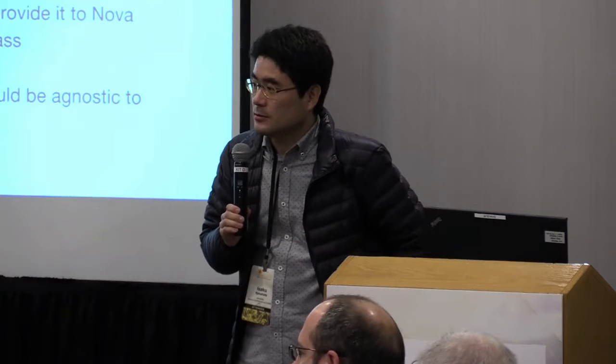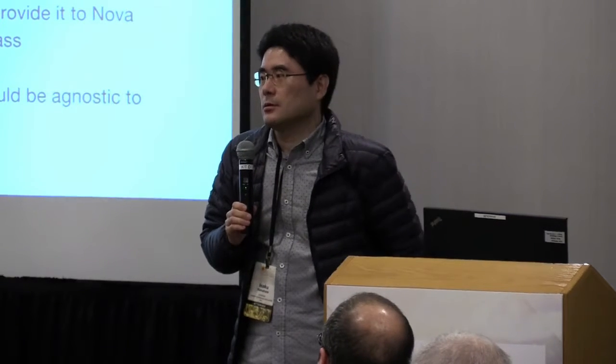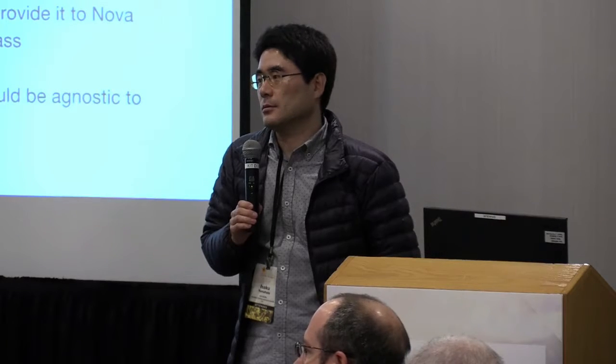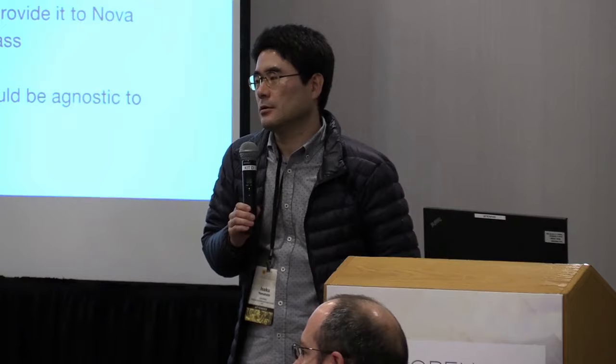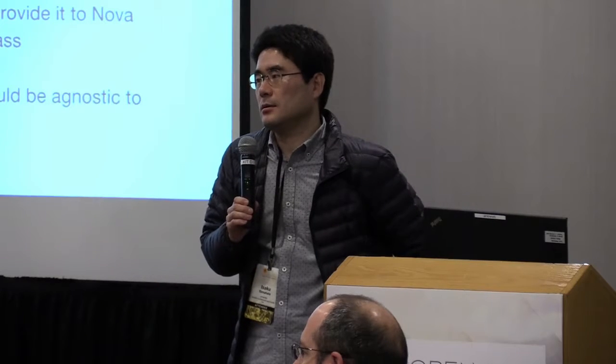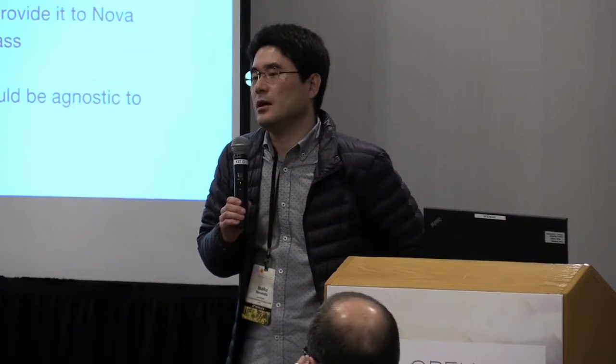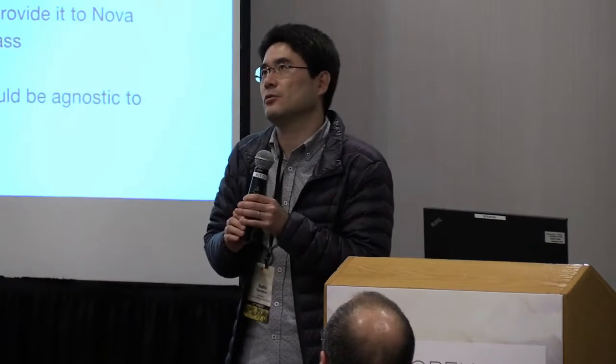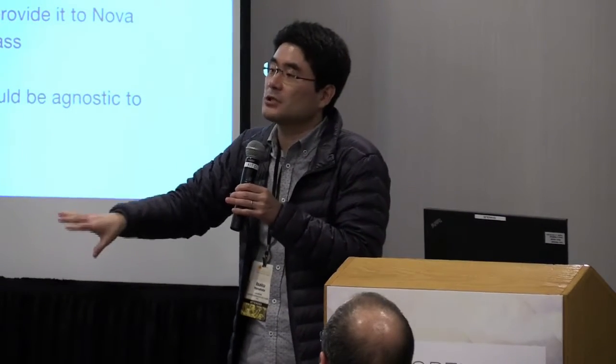Some of that host-related information would be in Nova, and you can populate that from Nova to Neutron, passing it as part of the Neutron port binding to ODL. Actually, at this point, Nova doesn't know about the network side.